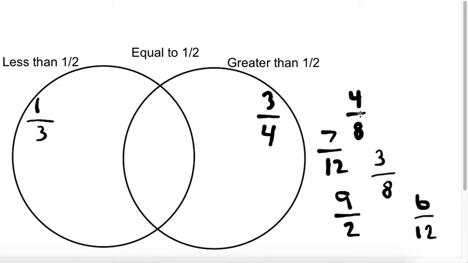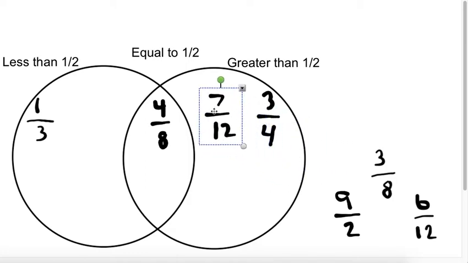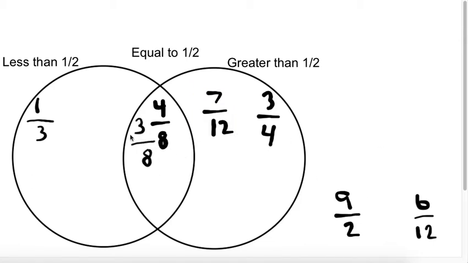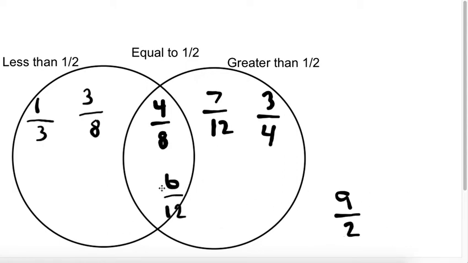4/8. Now that one, if you ask yourself, okay, what's half of 8? Well, half of 8 is 4, which tells us that this is equivalent or equal to 1/2. 2 4s make up 8. 7/12 is going to be greater than a half. 3/8 is less than a half. 6/12, well, half of 12 is 6, so that one must be equal to a half.